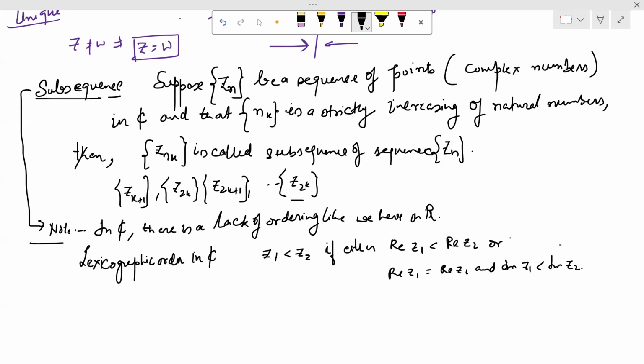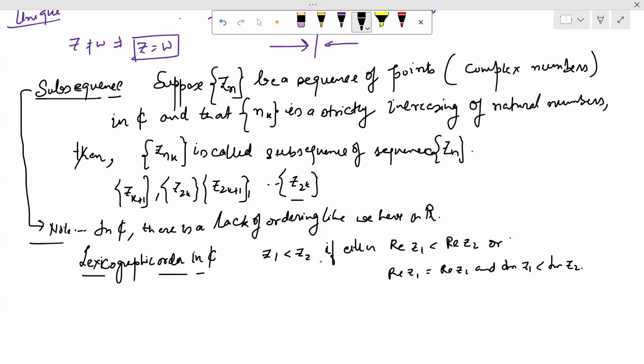Basically, this is referred to as the lexicographic order in C. So we can compare the real parts, or if the real parts are equal, then we can compare the imaginary parts. So this is how we can do it.